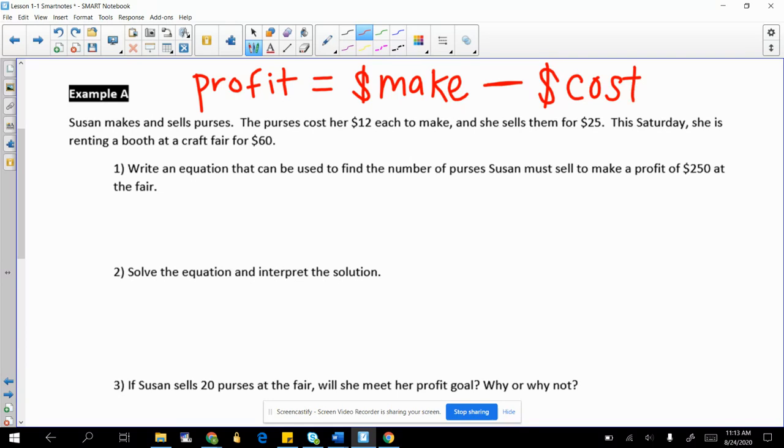And you also might need to, in this case, subtract the cost of renting the booth at the craft fair, okay? So if Susan wants to make a profit of $250, which we see here, that's our profit. So we're gonna put that here, $250.